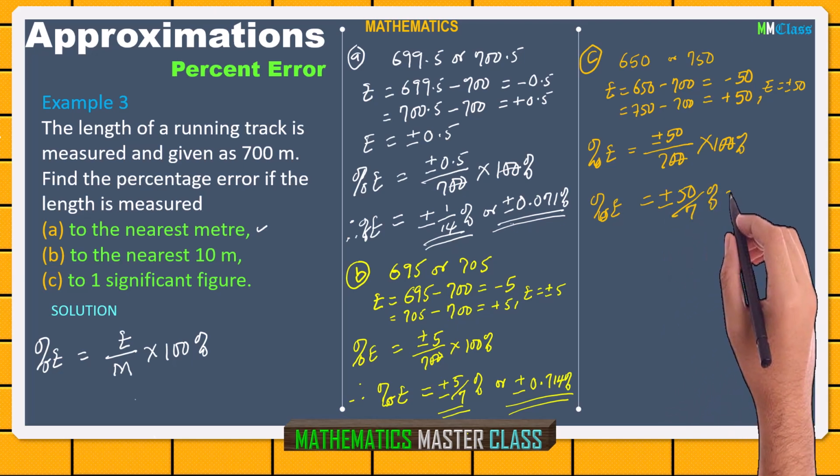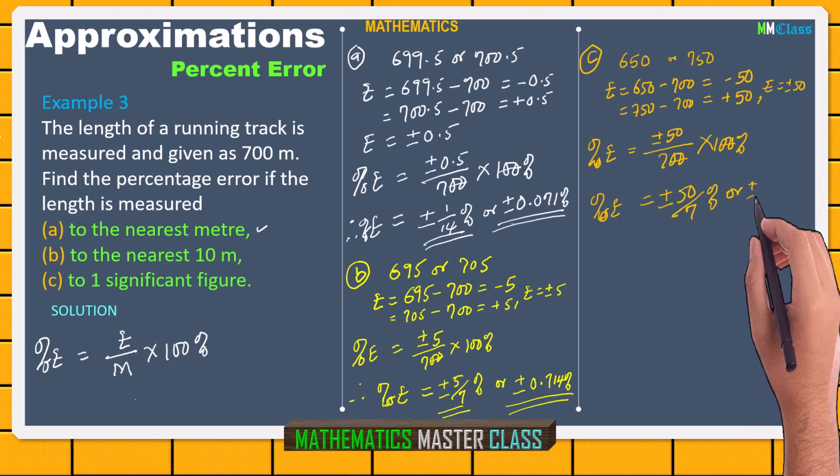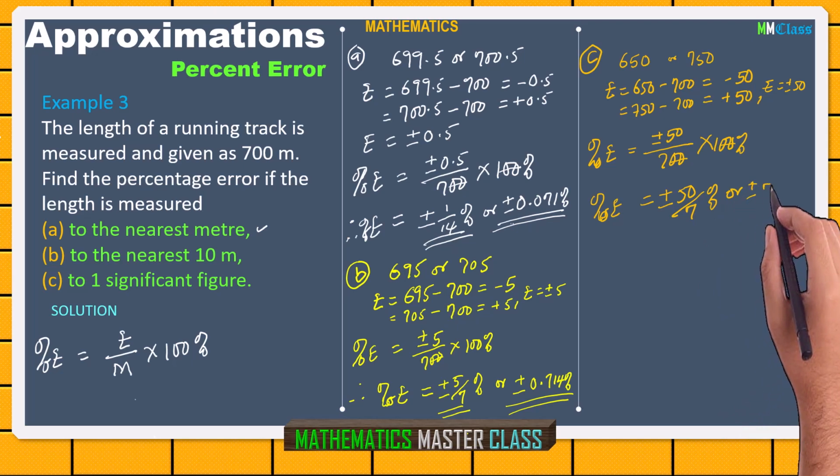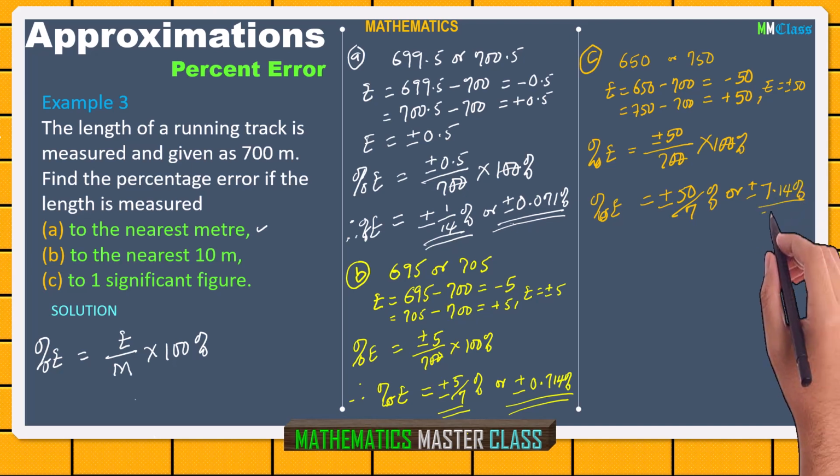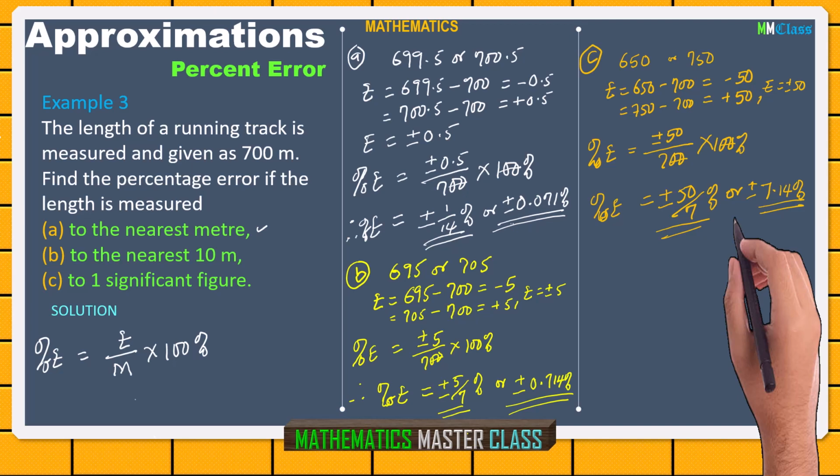If you break it down, it can also give you plus or minus 7, because 7 into 50 will go 7 times, 7 can go into 49, giving about 14%. So this is how to calculate this type of percentage error. Thank you and God bless you.